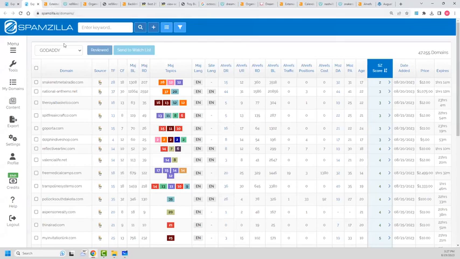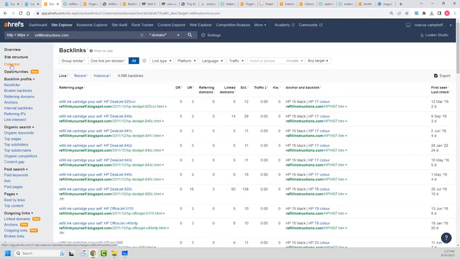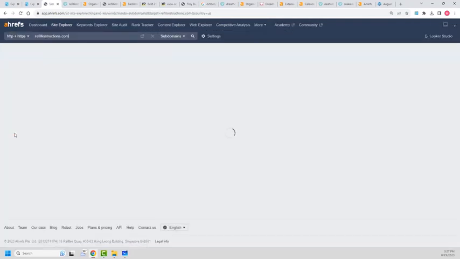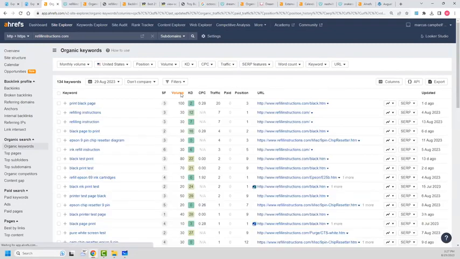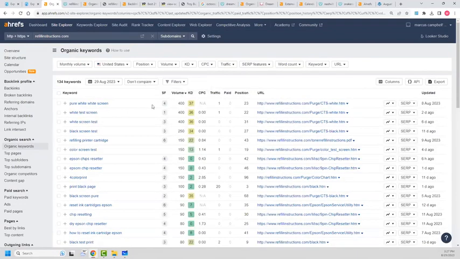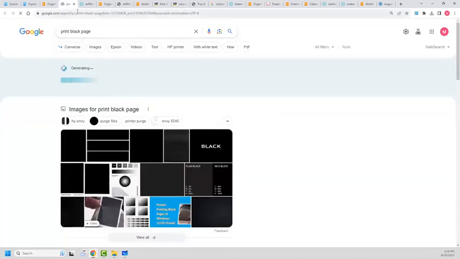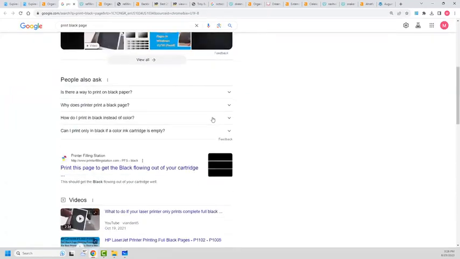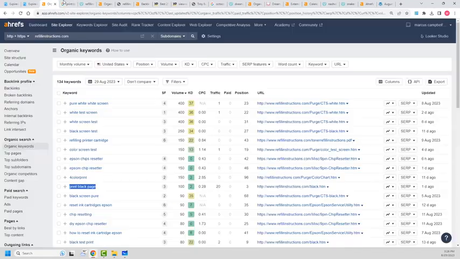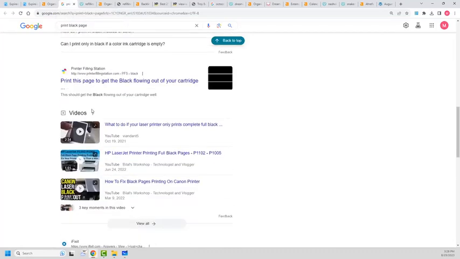Let's see if it had any good rankings. Let's do keywords, volume, print black page. That's a waste of ink. Let's see. So it says he's number 4, 3.